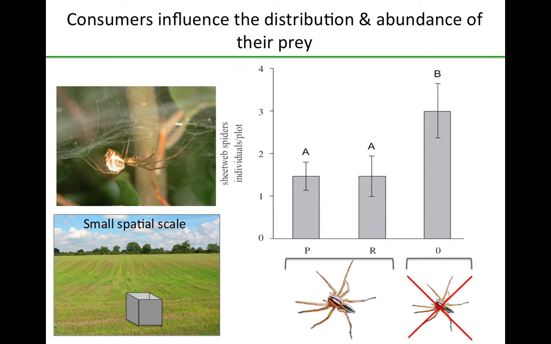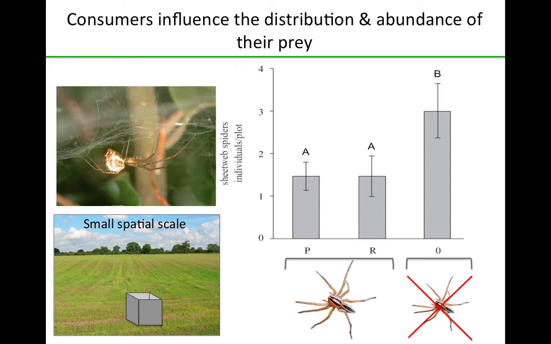And so what that tells us is that just the presence of these consumers, not even necessarily the fact that they're consuming their prey, is causing, probably in this case, their prey to leave an area, so to disperse and try to flee from this perceived threat of having a predator around.